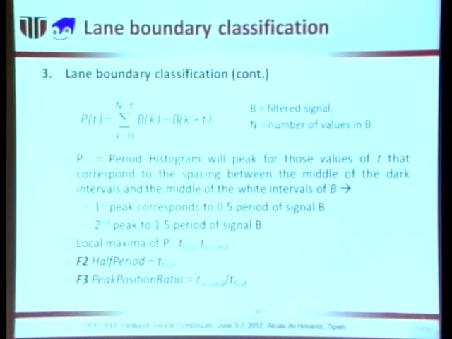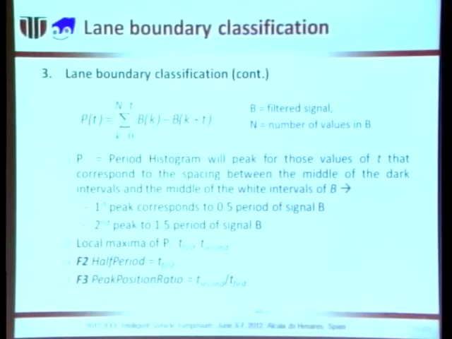So we obtain several peaks. We will take for our classification the two first ones. The first peak corresponds to half of the period of the signal, and the second peak corresponds to 3 times this value, so 1.5 periods of the signal.